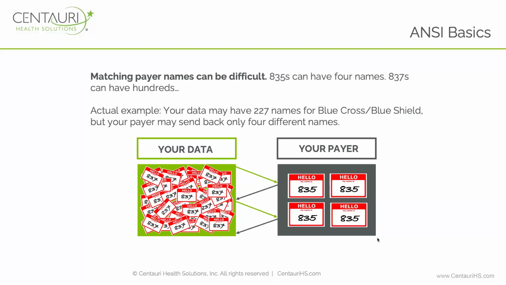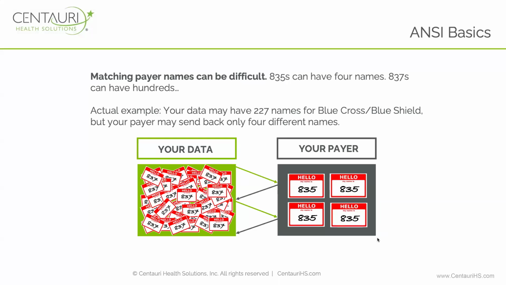So you'll have all these different payer names in your system that go out, but when your payer comes back, it's not going to look like that. It's very hard to match it up by payer, and a lot of this goes into your analytics. You can find the account that goes with it, and then back in your billing system you would know the payer name. But just strictly looking at the 835 data, if you're trying to manage it in a denials management approach, it's not going to be one-for-one.